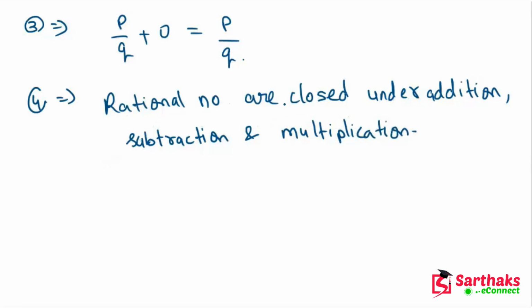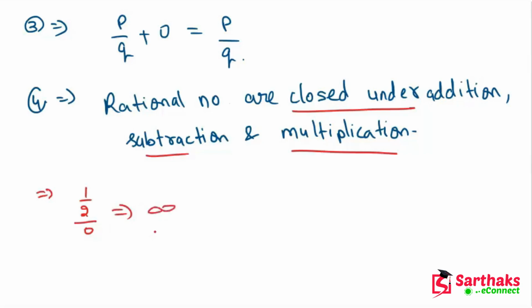Now, this closed property means if we add two rational numbers, we get a rational number. If we subtract two rational numbers, we get a rational number. If we multiply two rational numbers, we get a rational number. In the case of division, let's suppose we divide 1 upon 2 by 0, then we do not get a rational number; we get infinity, so this is not a rational number.